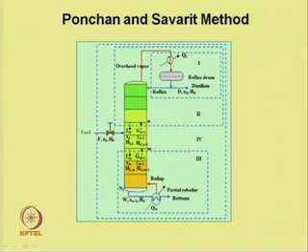Say in case of distillate, D is the distillate, x D is the distillate composition, and H D is the enthalpy of the distillate. Similarly, each stream, a liquid falling from a particular tray is designated by Ln, composition is xn and liquid enthalpy is HLn. The vapor which is going out from plate n plus 1 is Gn plus 1, vapor composition is yn plus 1, and vapor enthalpy is HGn plus 1.